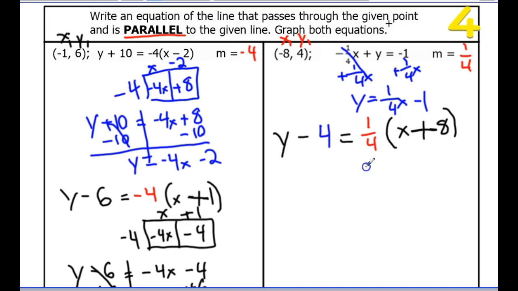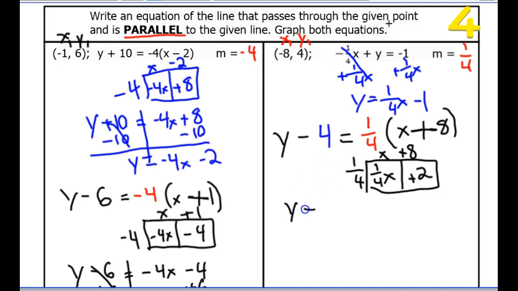So we have to get rid of our parentheses first, because we're solving for y. We get 1/4 times x plus 8. So 1/4 times x is 1/4 x. 1/4 times 8 is +2.